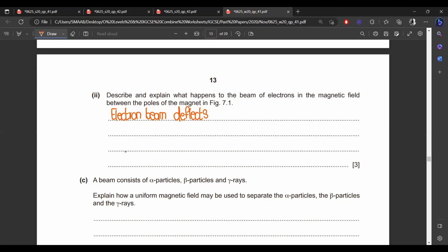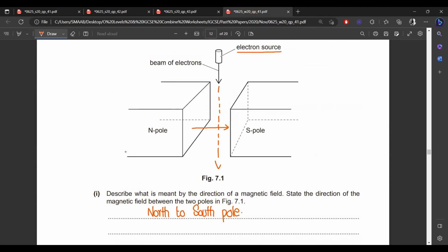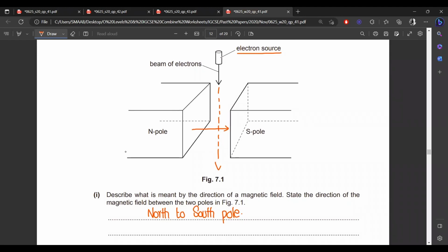Okay, the second change. You mentioned that it will deflect towards the North Pole. Actually, this is an electron, right? And when we are talking about electrons, we know that we are talking about negative charge. So we can say that charges are moving from the negative side. So we need to use the left-hand rule to find out the exact direction of deflection.